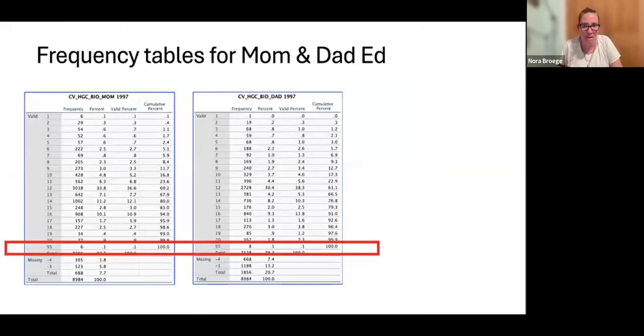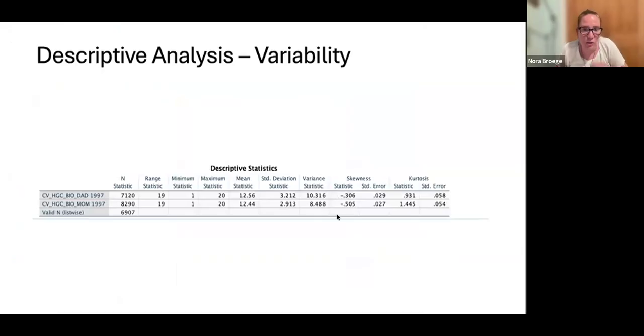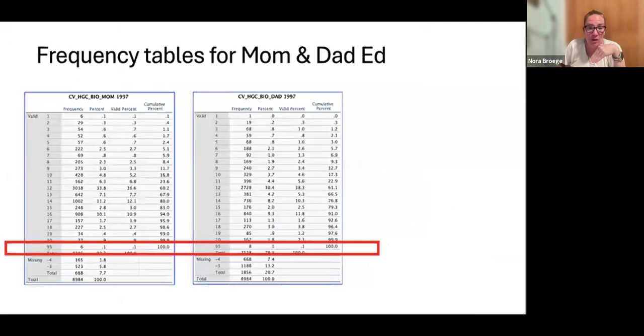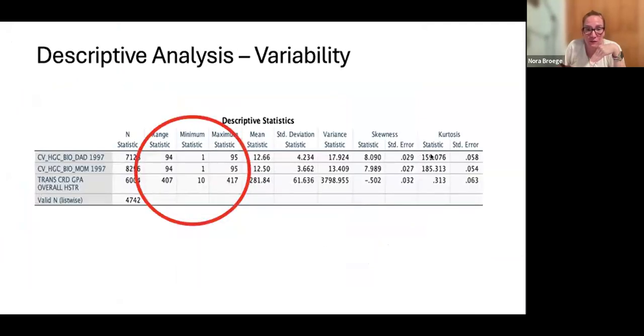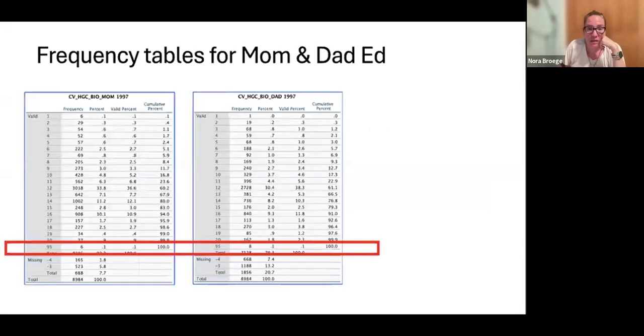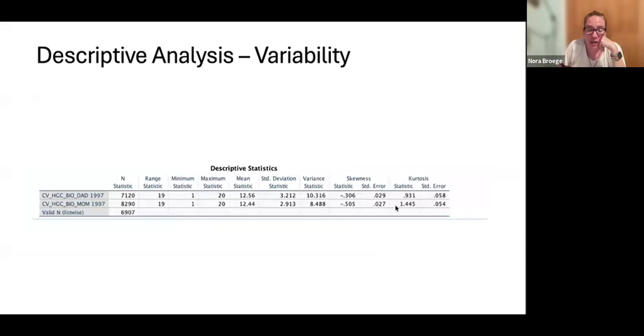Now our skewness statistic is negative 0.31 for dad and negative 0.51 for mom. So maybe there's something there. It's not exactly zero. But our kurtosis, which talks about outliers, which were previously 159.1 and 185.3, are now 0.93 and 1.45.